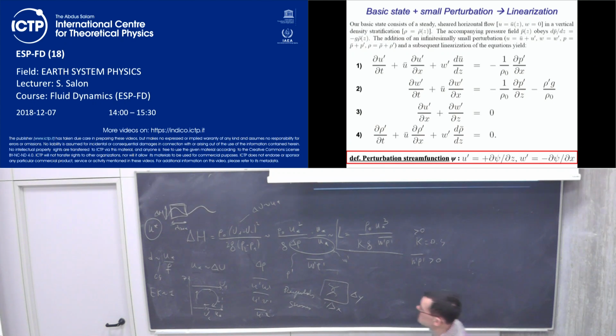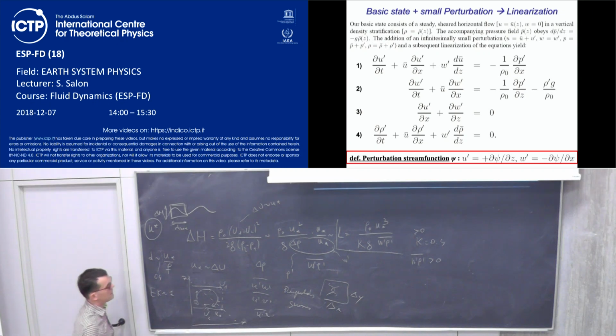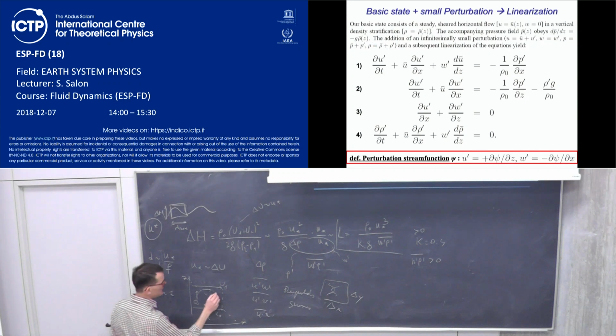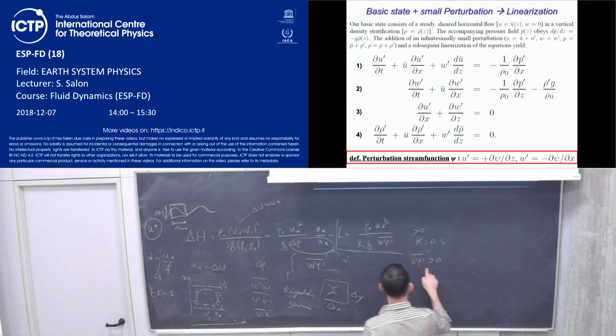It means that if I have a stratification like this, which means that I have heavier fluid here on the bottom and lighter fluid on the top, the action of the eddies is to bring a parcel which is heavier here up towards the top part of the system, and a parcel which is lighter down. Okay, and this is exactly what our correlations say.